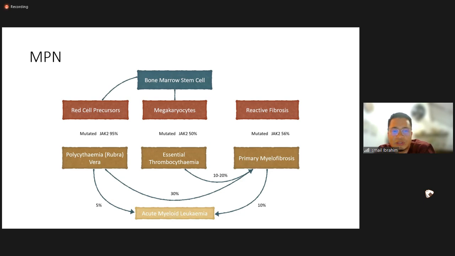So whenever you diagnose polycythemia vera or essential thrombocythemia, you need to look at whether it is a very early stage or has it slowly transformed into myelofibrosis. And then the treatment will be slightly different and the prognosis will be slightly different as well. And all of this can also transform eventually to acute myeloid leukemia, which carries a very poor prognosis.